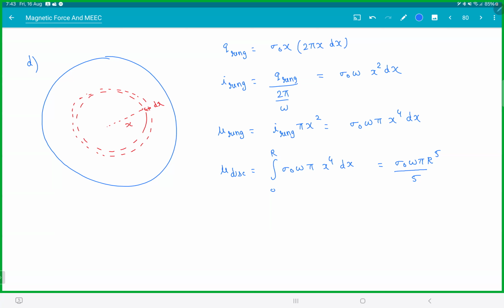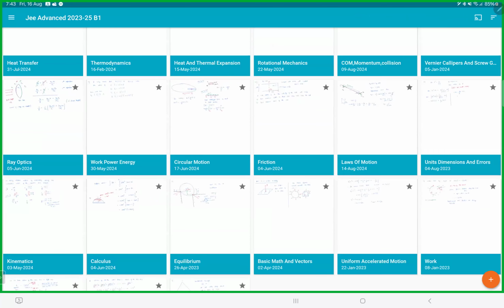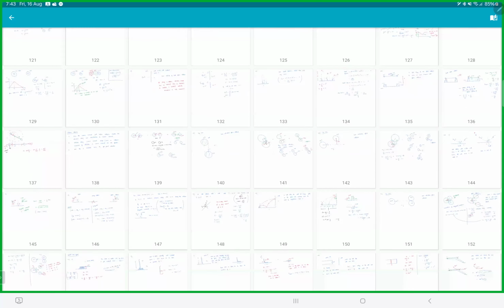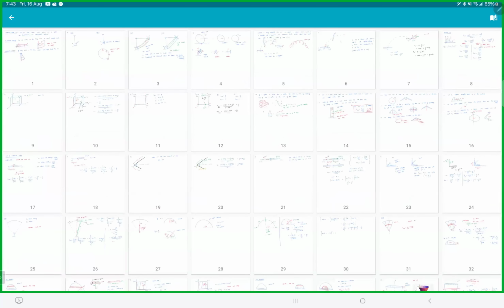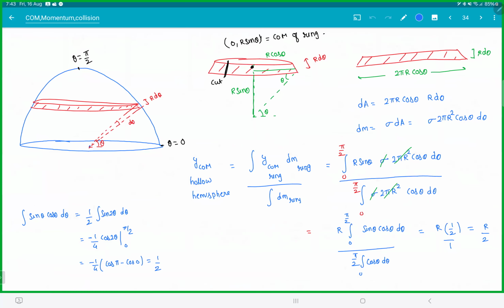So let's see. How to choose an element for a hollow sphere. Remember this? This is how we choose elements.